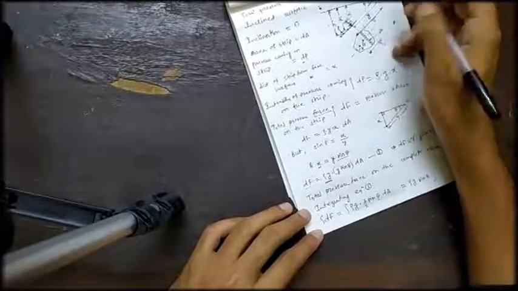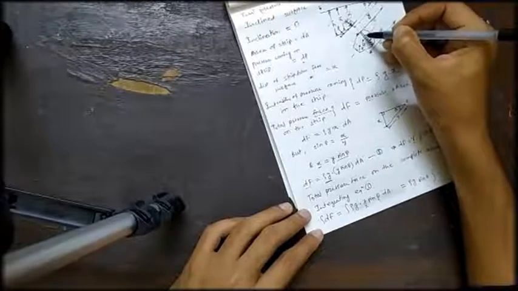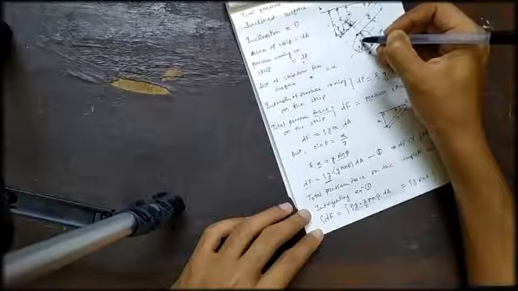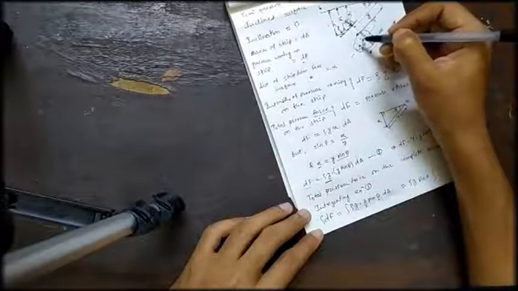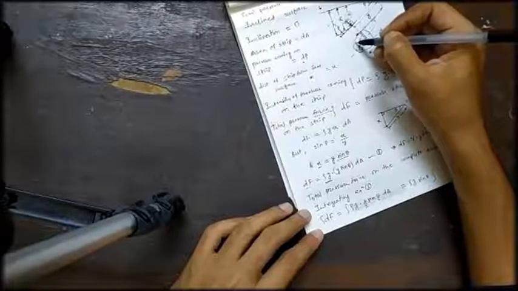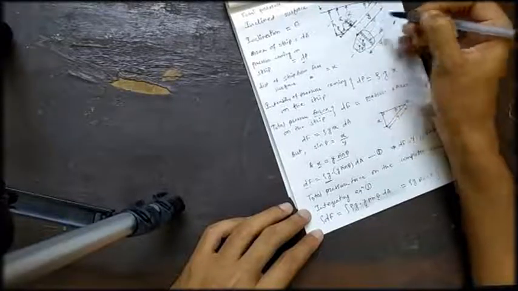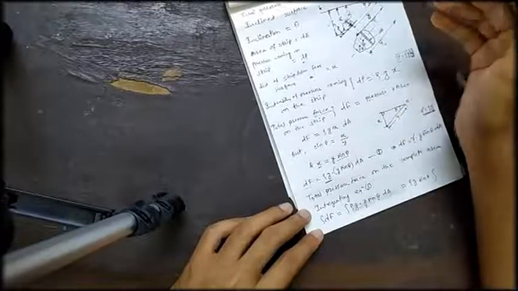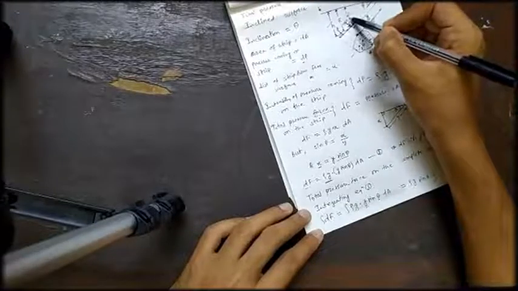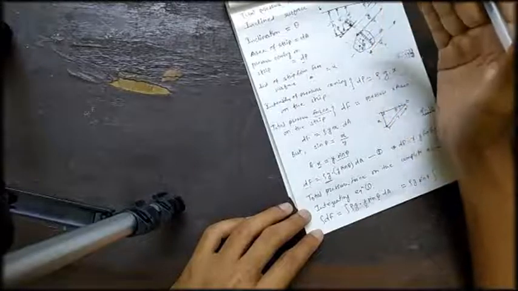But the y distance will not remain the same. If the strip goes in the downward direction, or if I consider the strip over here, then distance y is going to change, and the x distance is also going to change, as the strip lowers from the top side to the bottom side.